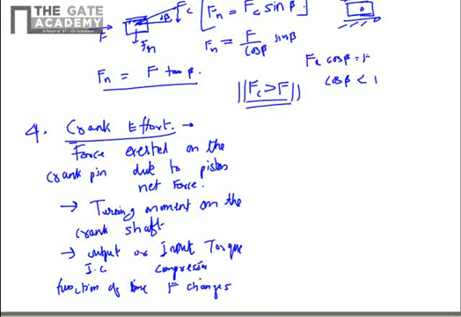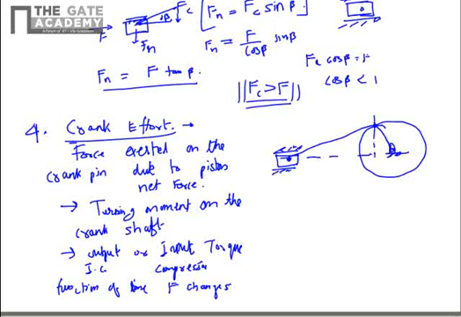So what is the relation between the crank effort and F, the net piston force? For that we will draw the diagram again. This is the crank circle, this is the crank, here it is pivoted, and this is the connecting rod connected to the piston liner. If you draw the trigonometric triangles, here the angle is beta, here the angle is theta. The turning moment will be a force perpendicular to the crank.